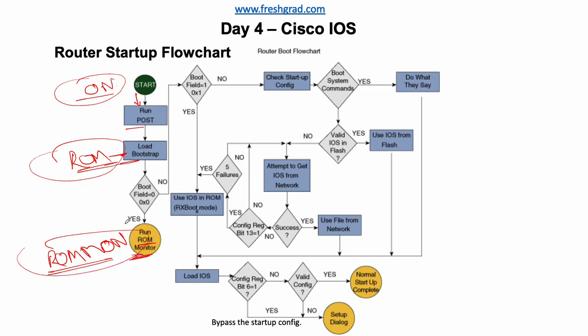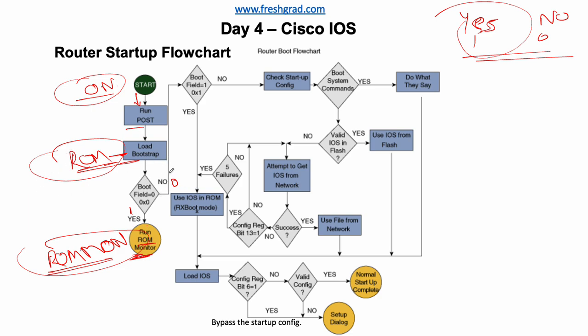So it goes right here if the field value is 1. All computers understand ones and zeros, so 1 is yes and 0 is no in this flowchart. Remember this: 1 means yes.